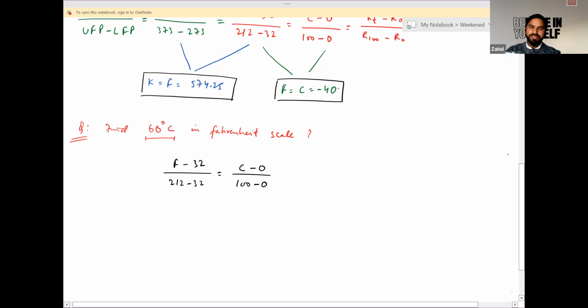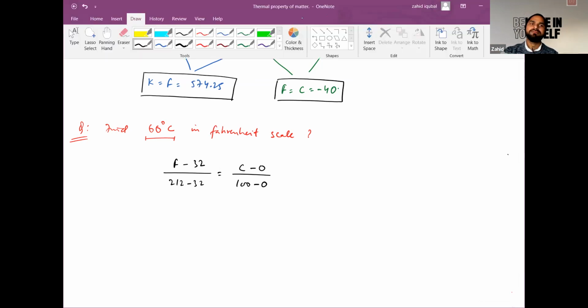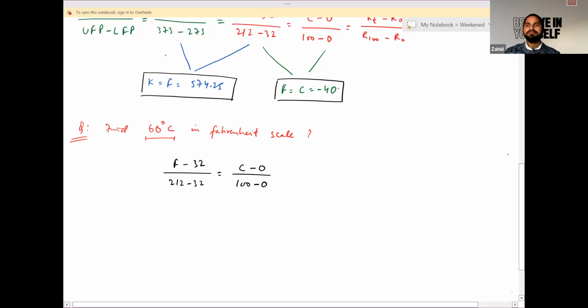Put the value of C to be 60 and simplify it to find F. Saifullah, just check your calculation. Good, Maimuna.